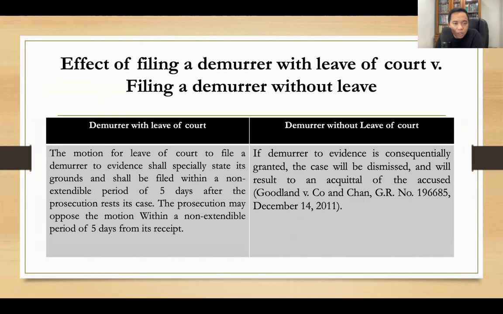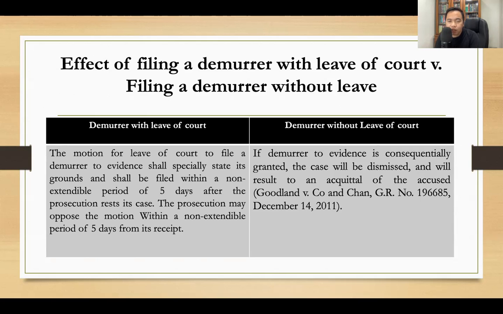Now, for demurrer to evidence with leave of court, the motion for leave of court to file demurrer to evidence shall specifically state its ground and shall be filed within a non-extendable period of 5 days after the prosecution rests its case. The prosecution may oppose the motion within a non-extendable period of 5 days from receipt.